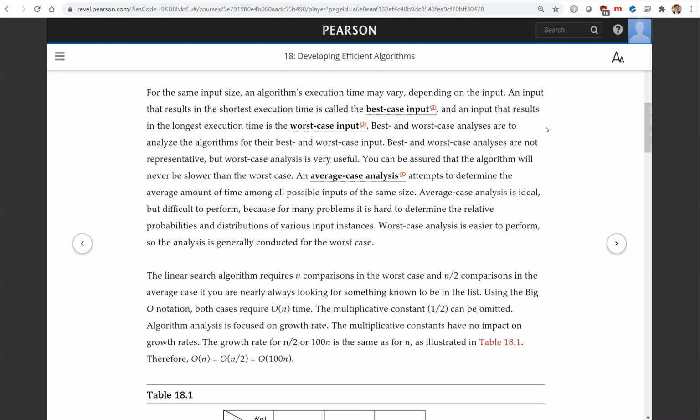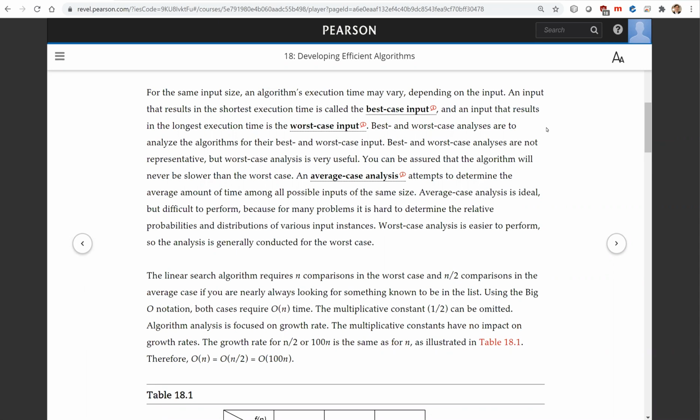Best and worst case analysis are to analyze the algorithms for their best and worst case input. Best and worst case analysis are not representative, but worst case analysis is very helpful.